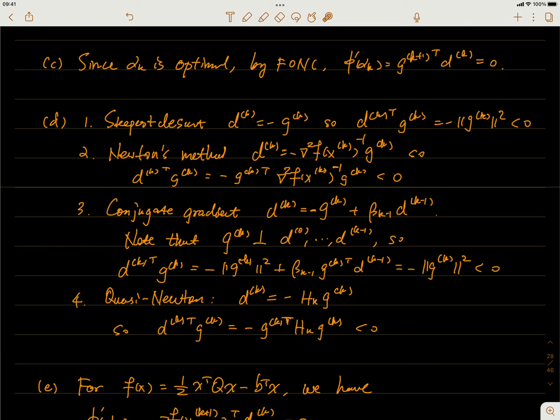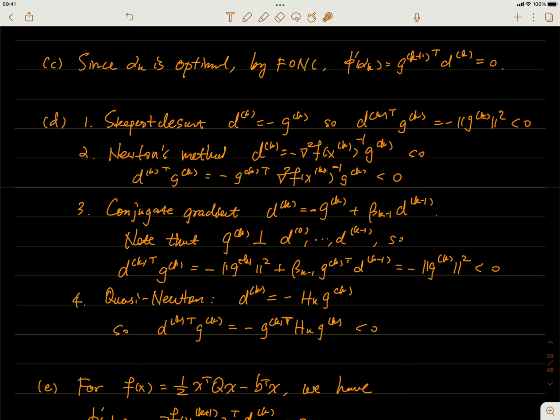Now, because in the conjugate gradient method, g_k is orthogonal to all the previously used search directions, we know the inner product of d_k and g_k is as follows. Recall that when I multiply this d_k with g_k, d_k is this thing, so I just put it in here.